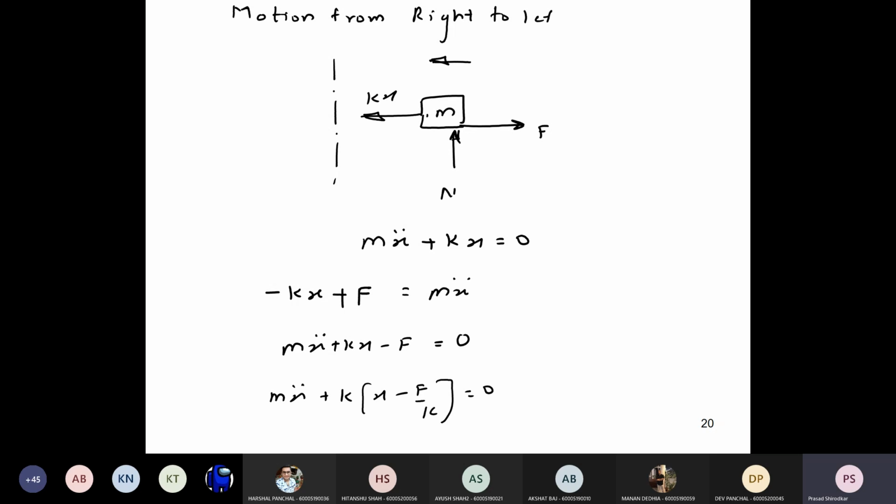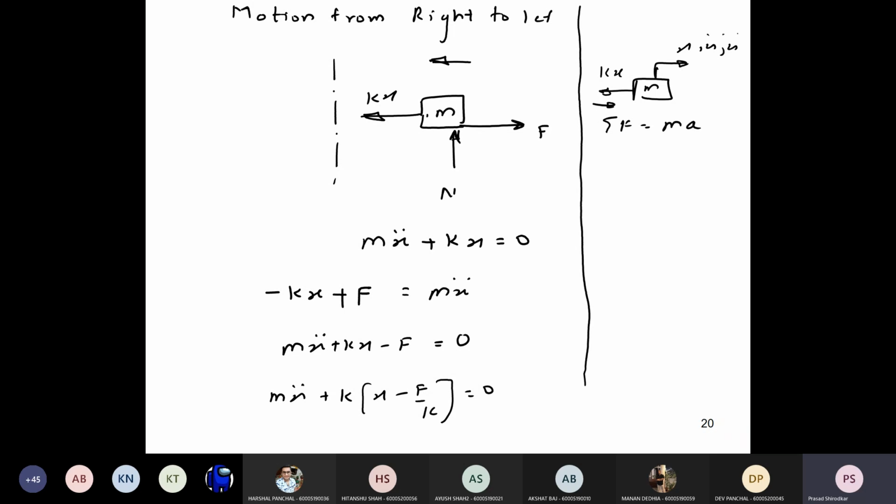See the conventions which we use for writing our general equations. Just to elaborate, when we derived the governing differential equation, we took the motion x dot, x double dot like that, and this was the spring force kx. Then the summation F is equal to ma, and right hand side forces were taken as positive, and left hand side forces were taken as negative.